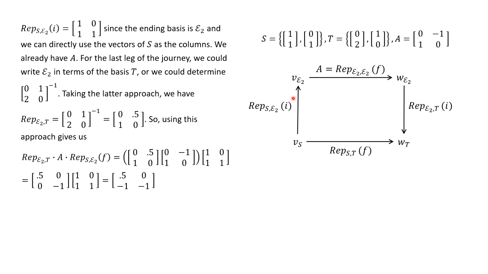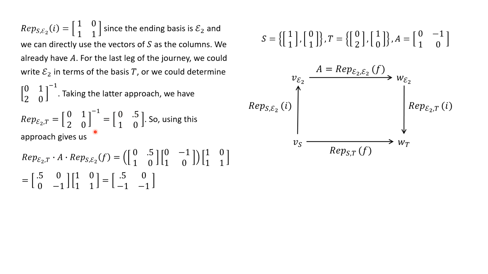In other words, we could do what we did here and just take the matrix (0, 2; 1, 0). In other words, if we wanted to go in this direction, and then going in this direction is just the inverse of this matrix. So that's what I did. I took this latter approach. I took the inverse of this. I didn't show you all the details, but if you work through the details, you're going to get (0, 0.5; 1, 0).